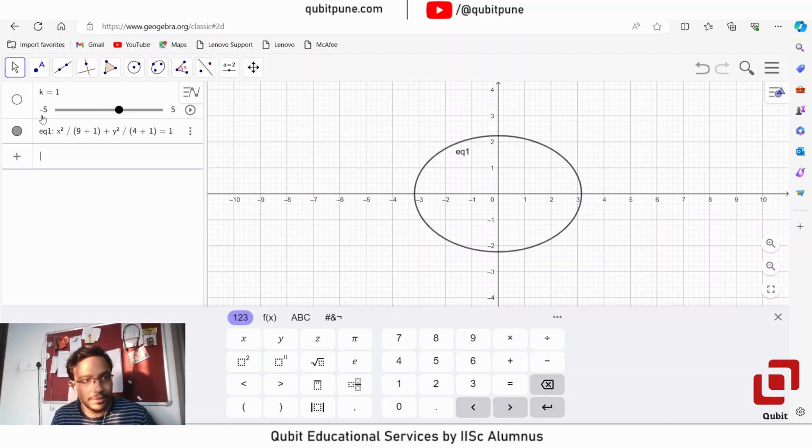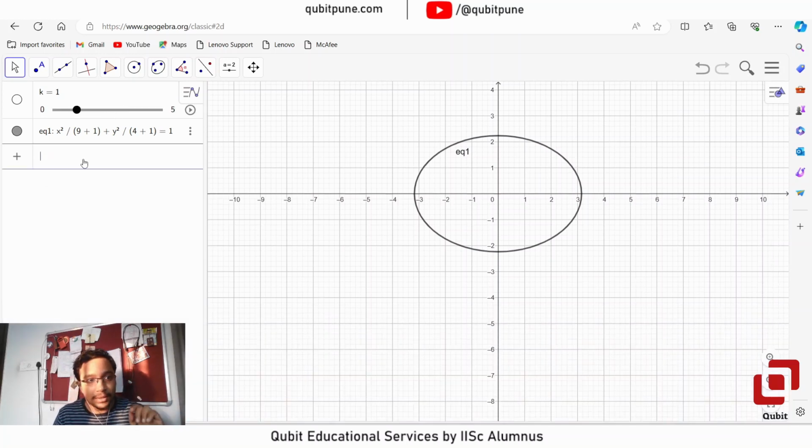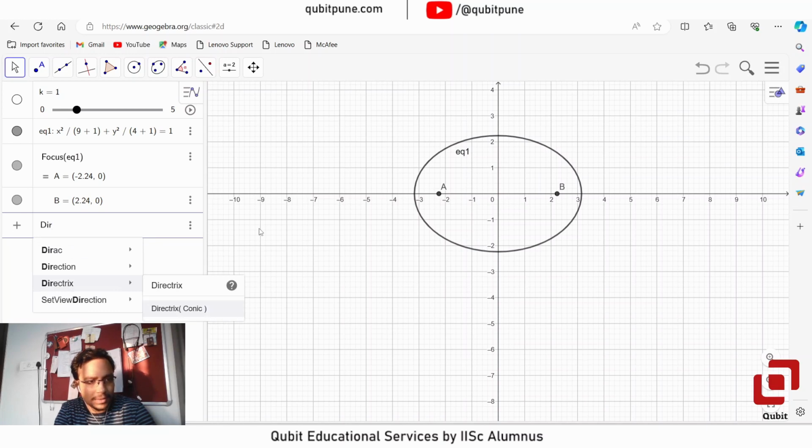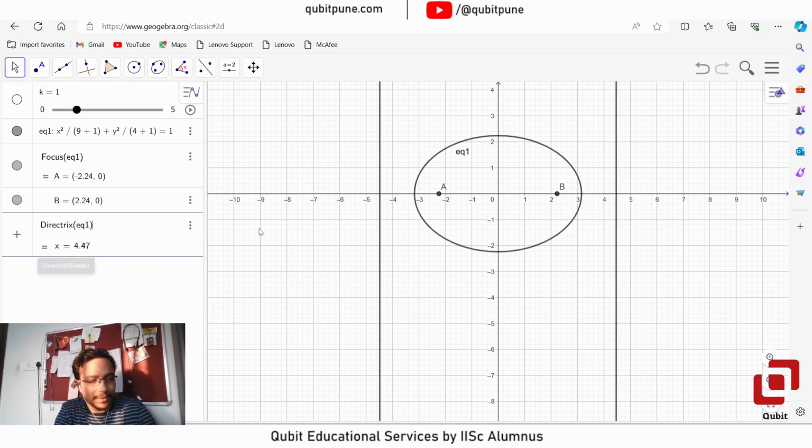This is now allowing me to change it from -5 to 5, but because our k is positive, let me keep it from 0 to 5. Now let us go to the foci of this conic. The two points A and B are the foci, and let's also go to the directrices equation.